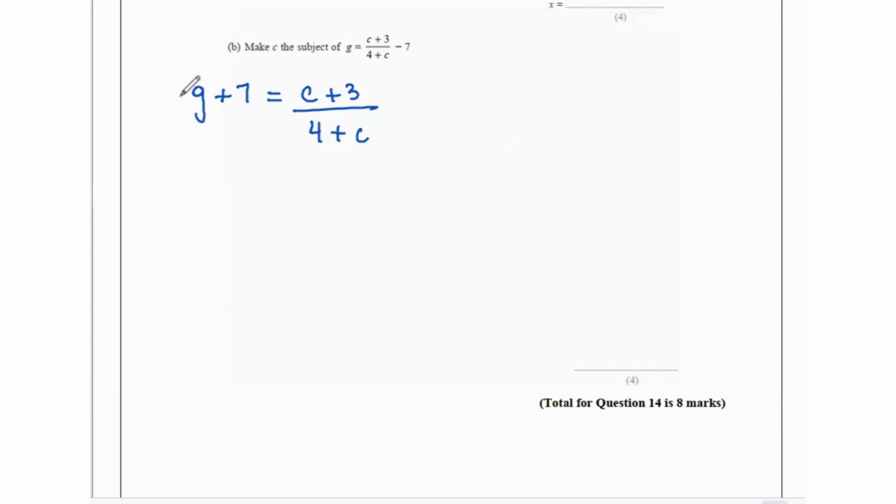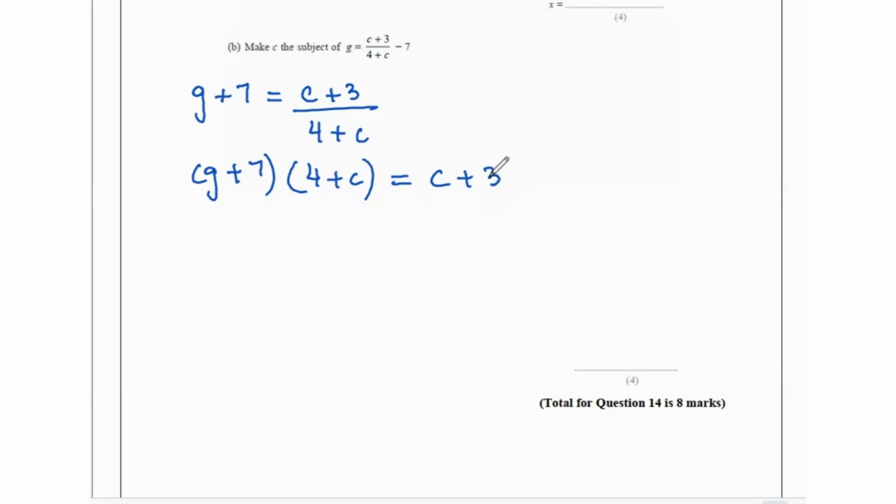Hence, negative 7 becomes positive 7 on the left-hand side. Once we have done this, now I'm going to cross multiply G plus 7 with 4 plus C, and C plus 3 is going to be over here. Now you can see that we have gotten rid of the fraction.